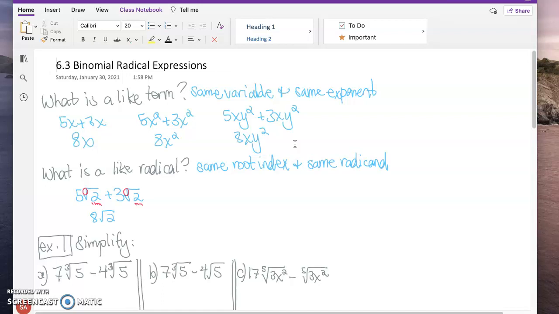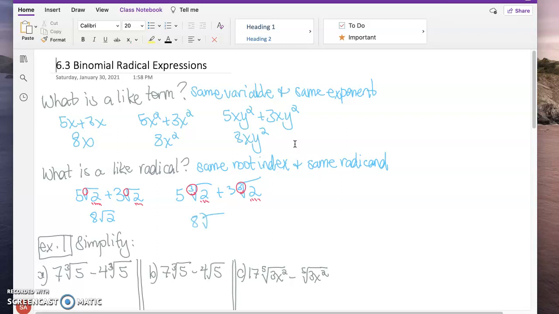So I can say something like 5 times the cube root of 2 plus 3 times the cube root of 2. Since these have the same root index and the same radicand, I can add them together and get 8 times the cube root of 2.